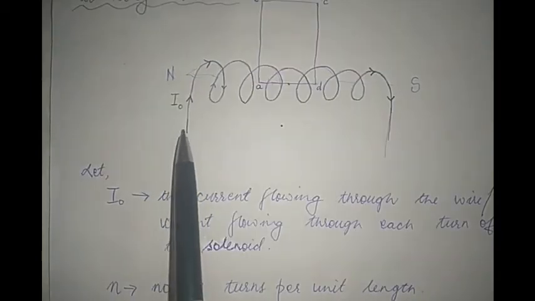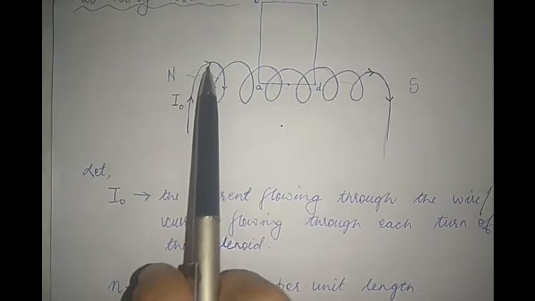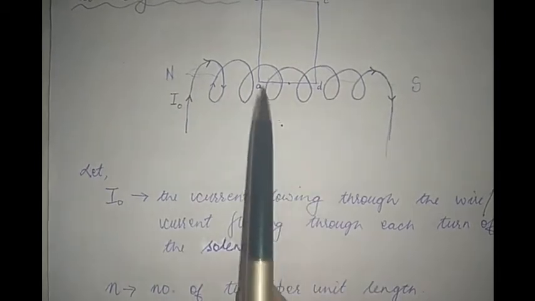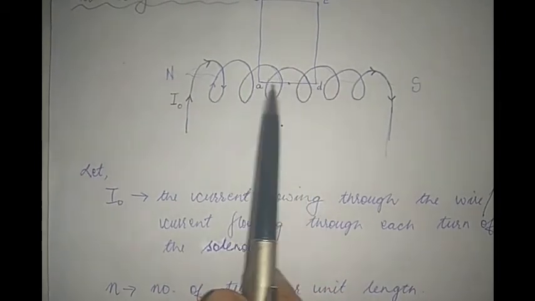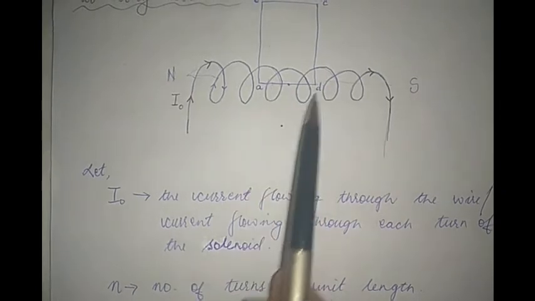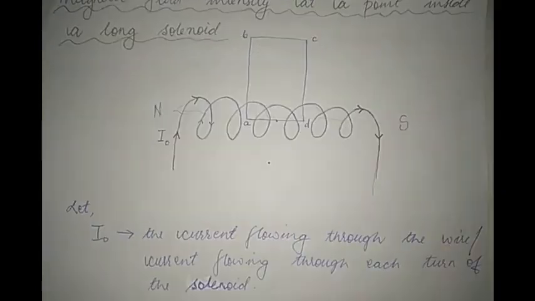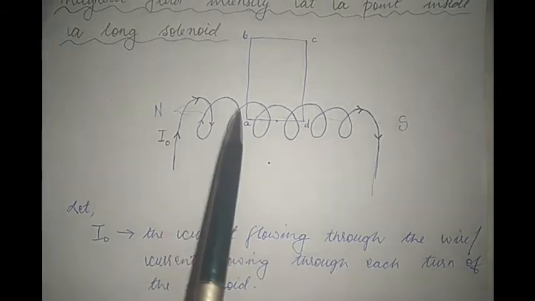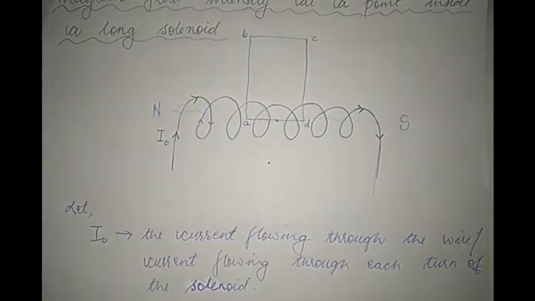Also, I0 being the current flowing through each turn, then the current flowing through nL number of turns will be nL into I0. Therefore, the current I enclosed by this loop ABCD is given by I, which is equal to nL into I0.